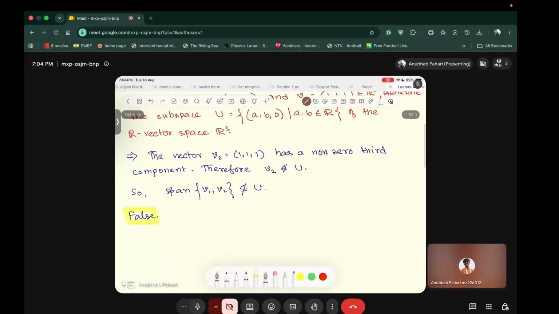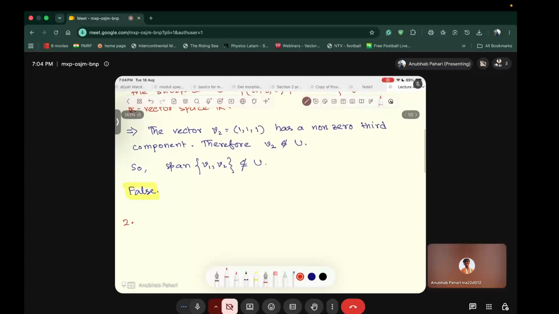Now let us go to the second statement. For small n belonging to capital N, let Pn be defined as {0} union {f in k[x], where f is a polynomial with variable x over k such that degree of f(x) is less than or equal to n}.